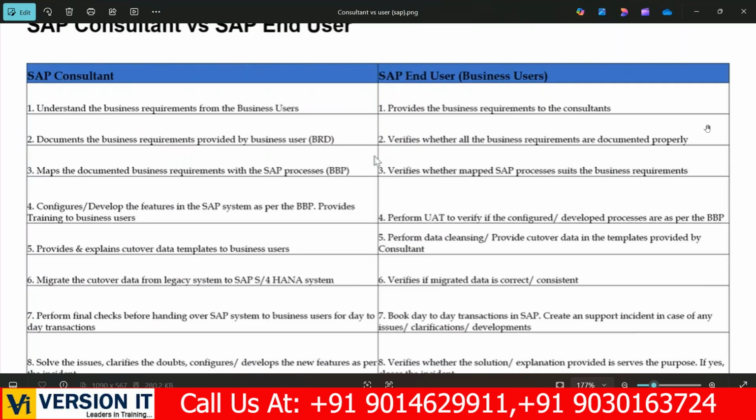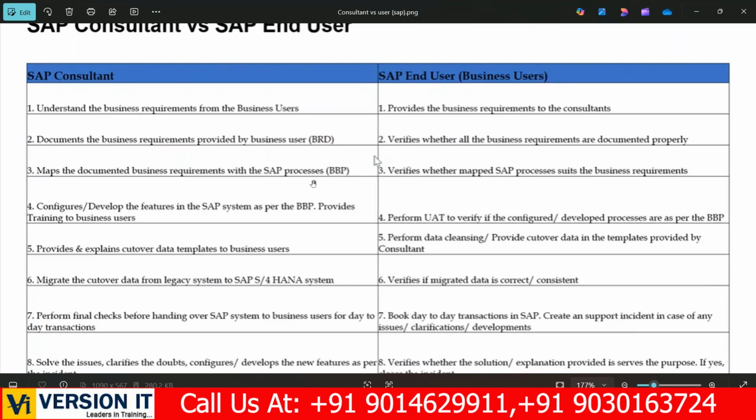What is the meaning of documented properly? What the client requirement is, and what the consultant's understanding is. If both are the same, then we go ahead for configuration. Clear? I repeat, step 4: verify whether all the business requirements are documented properly.